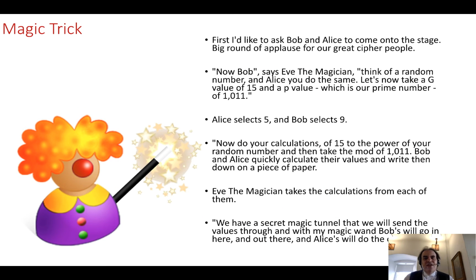Okay, so here's the trick. What Eve does, there's Eve the magician, so there's Eve's magic wand here. Eve invites Bob and Alice up and asks them to think of a random number, and then she says, let's think of a g value of 15 and 1011 for our prime number.